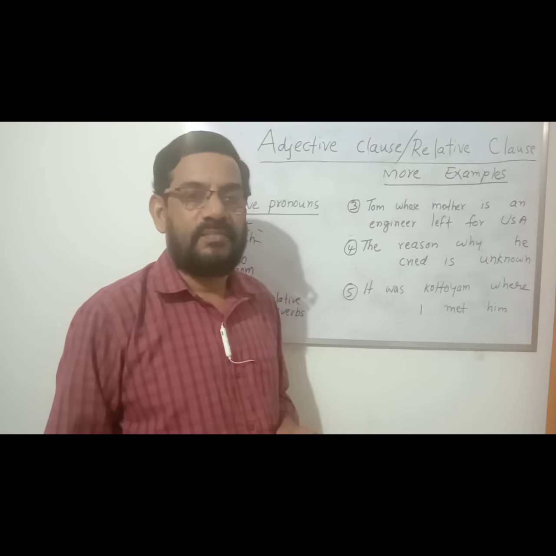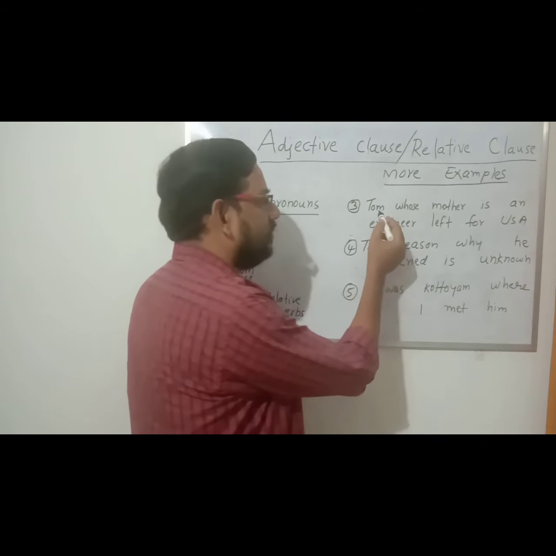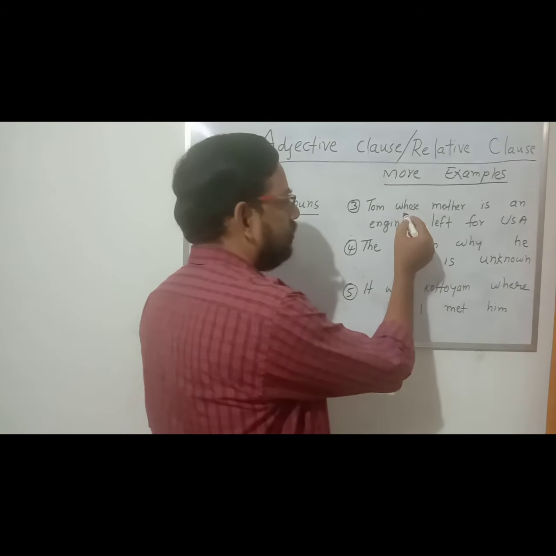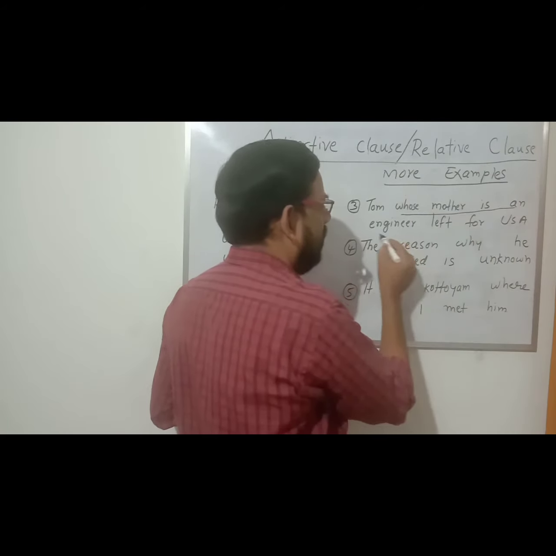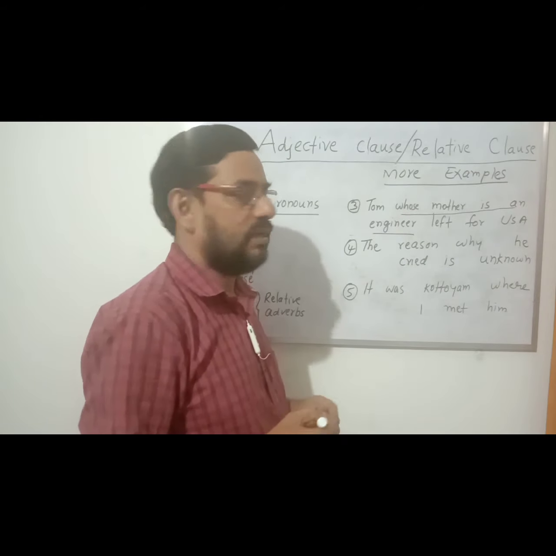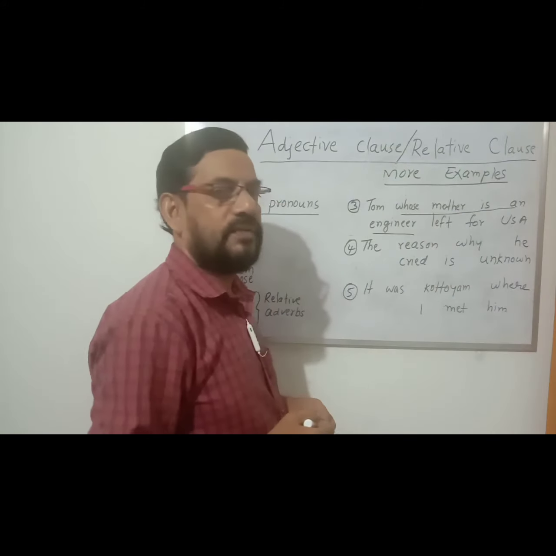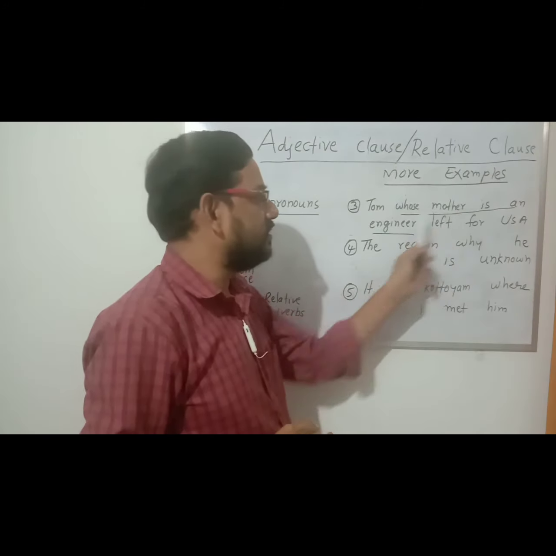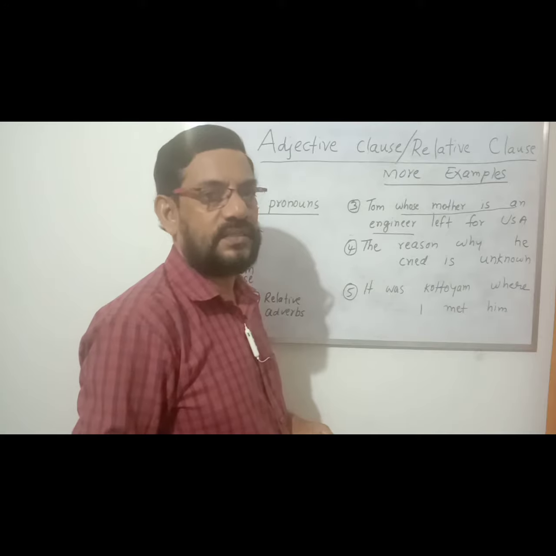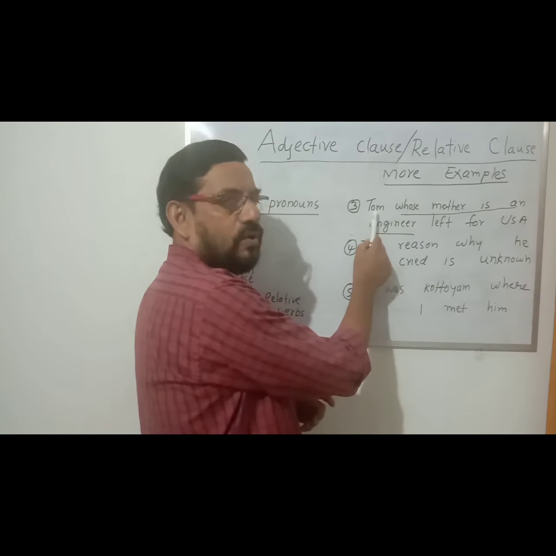Now we go to some more examples for adjective clauses. You see, Tom, whose mother is an engineer, left for USA. You check the underlined part, whose mother is an engineer. That is an adjective clause. Why? Because that clause modifies Tom.